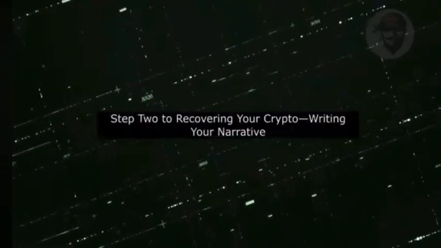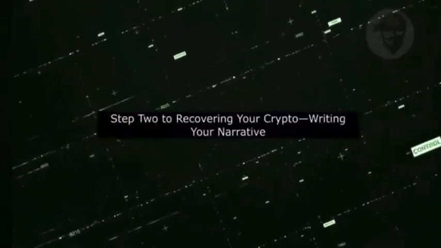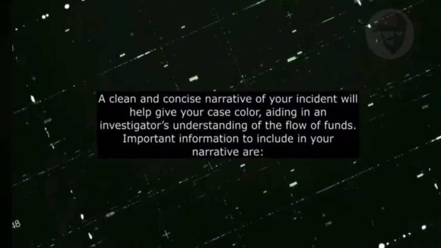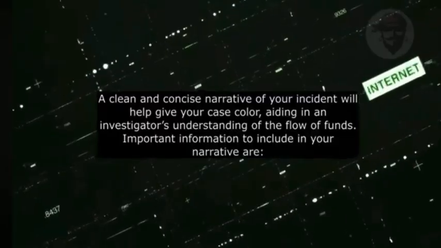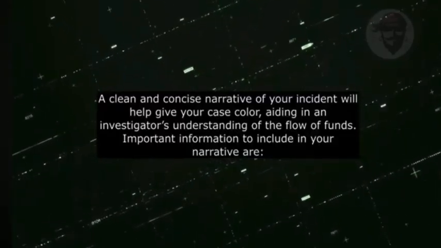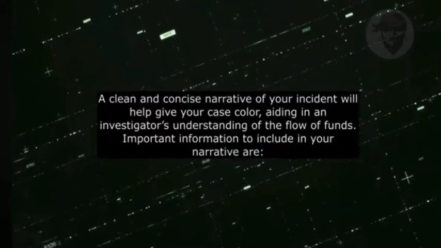Step 2 to recovering your crypto: writing your narrative. A clean and concise narrative of your incident will help give your case color, aiding in an investigator's understanding of the flow of funds.